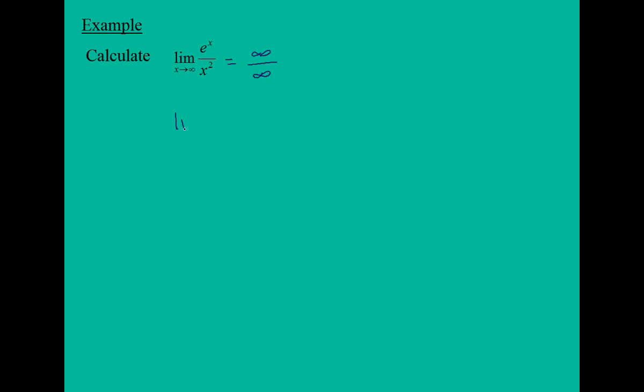So we can take the derivative of the numerator divided by the derivative of the denominator. So we would get the derivative of e to the x is e to the x, and the derivative of x squared is 2x.